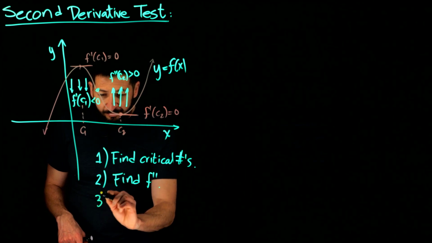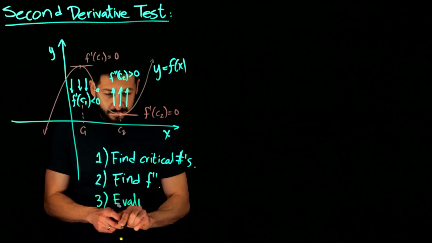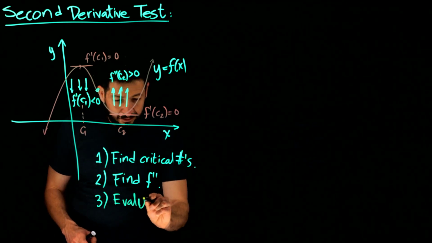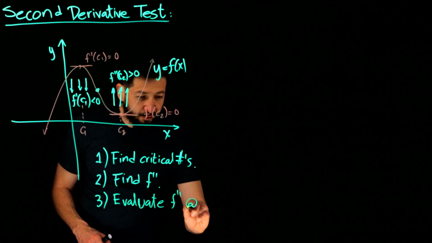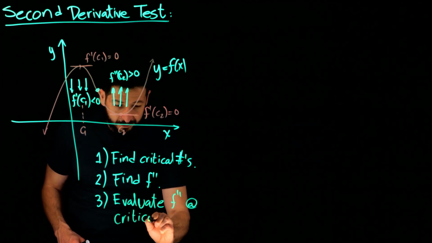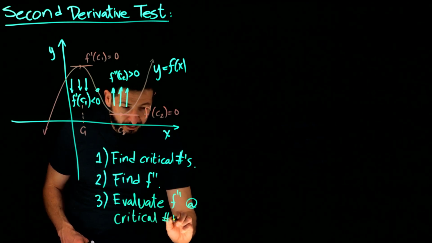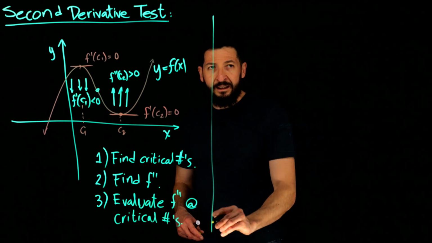Once you have your second derivative, you evaluate the second derivative at those critical numbers. And once you have that, you go ahead and take a look.